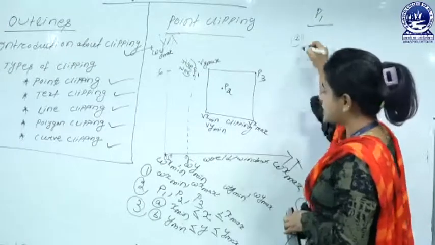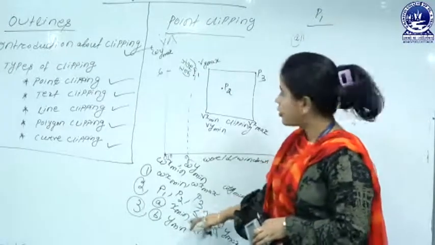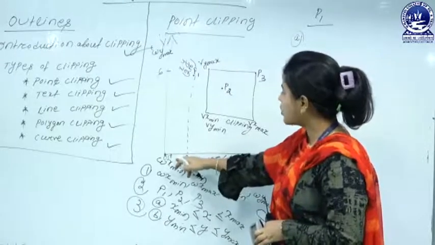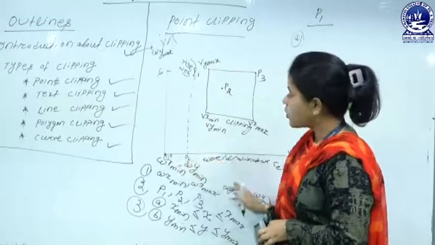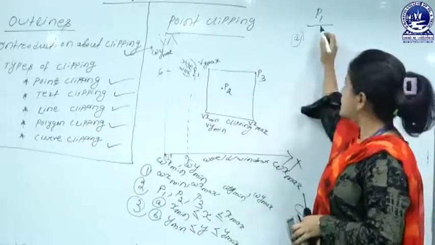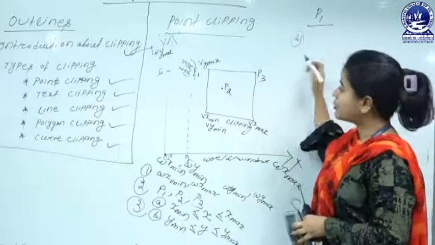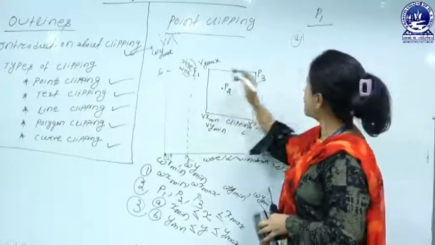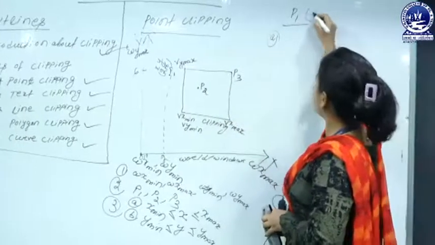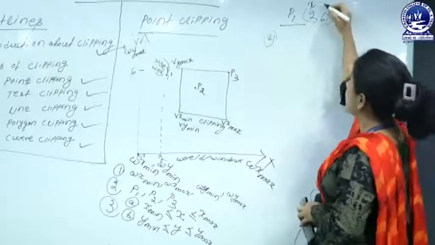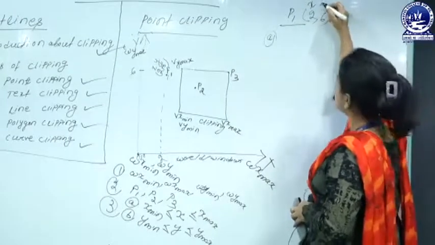First, it defines the x minimum value. Here the x coordinate is 0, 0, which is the world coordinate system. Now we check by using the given constraints whether pixel point P1 is accepted by the clipping window or not. The pixel point P1 contains the value (2, 6), so the x coordinate is 2 and the y coordinate is 6.